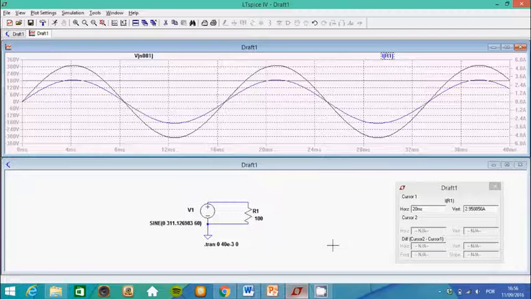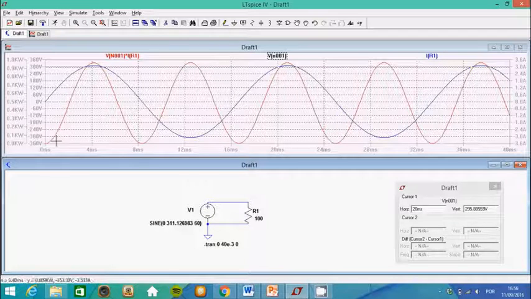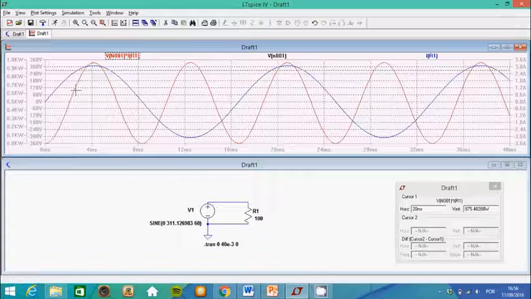Let's view our power. This is in red. We have the power. We have 1 kilowatt maximum on the graph, and we can see that the power is never below zero.